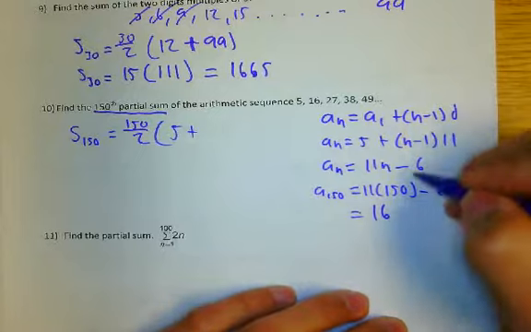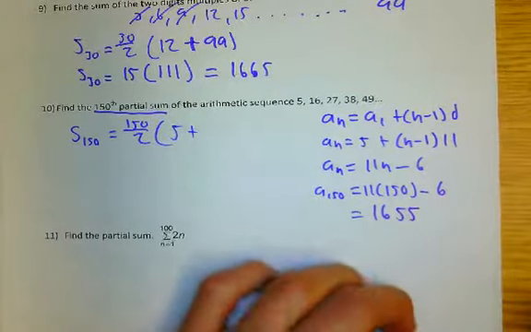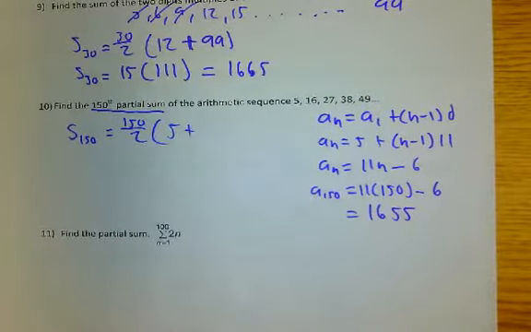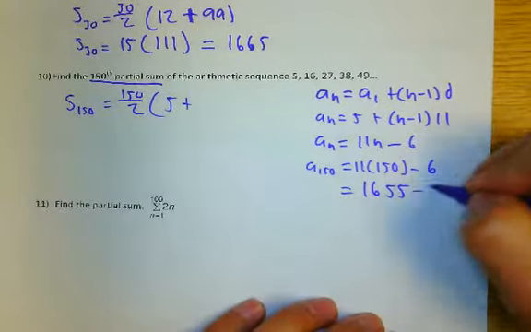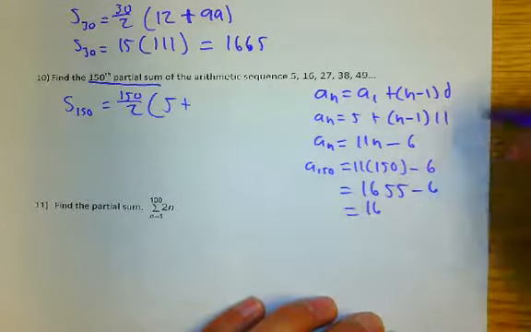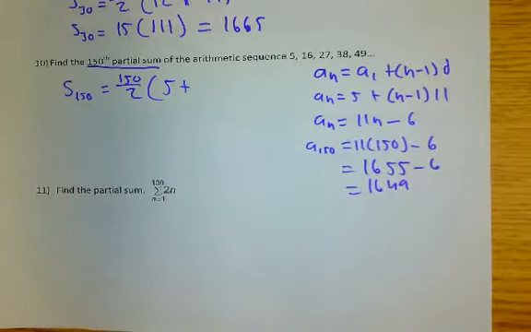Oh, wait, no. 15 times 10 is 150, 165, 1654? Yep. It is 1654. Careful. All right, so it's 1654. Oh, 1644. Okay, there you go.